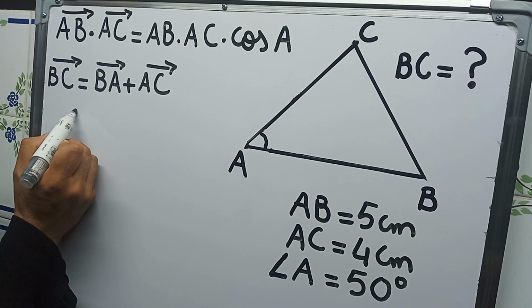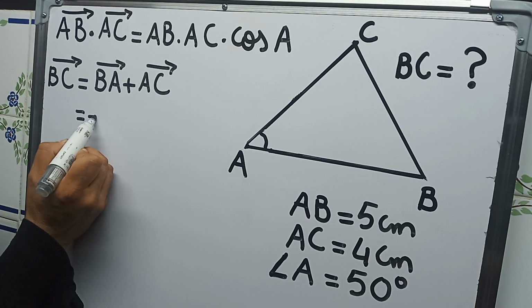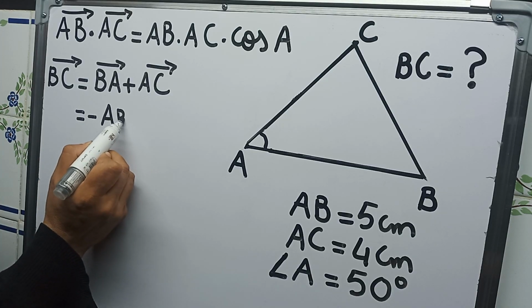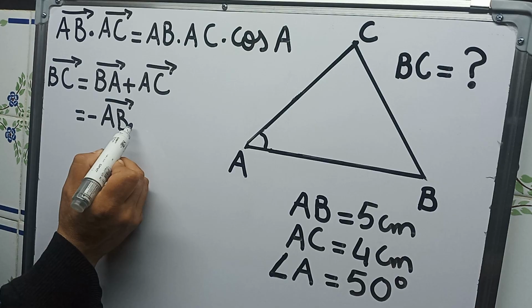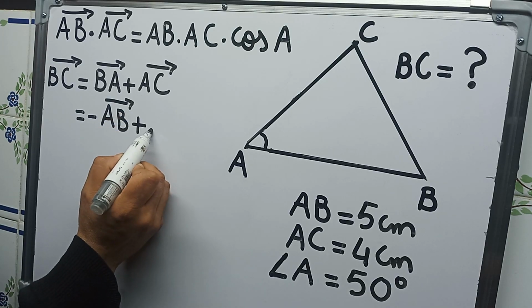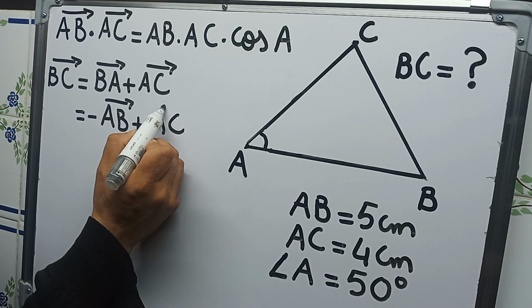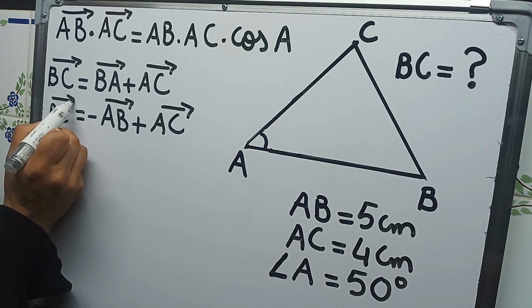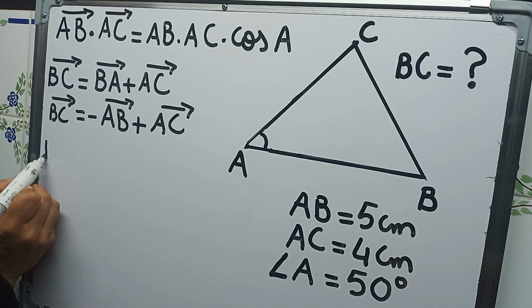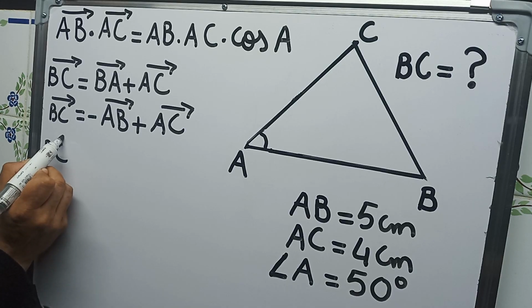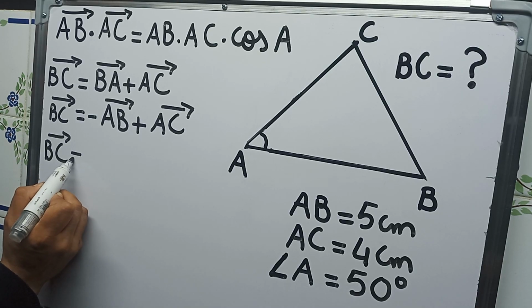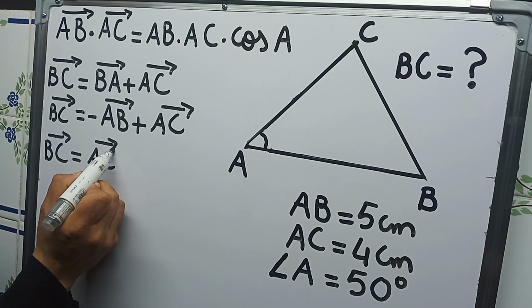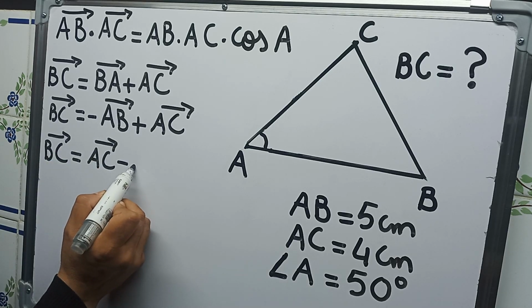Of course, BA is minus AB, so minus AB plus AC. And rearranging, BC is equal to AC minus AB.